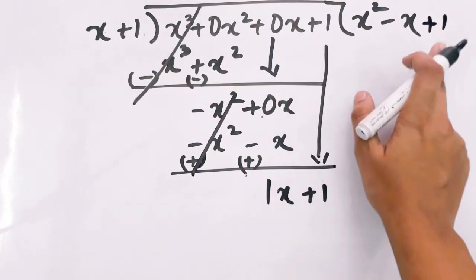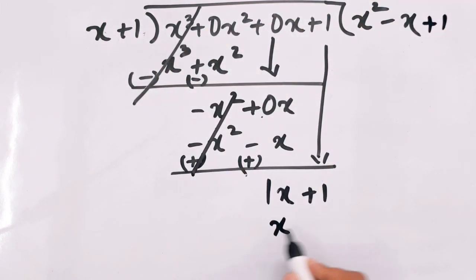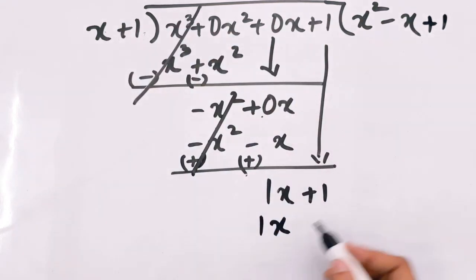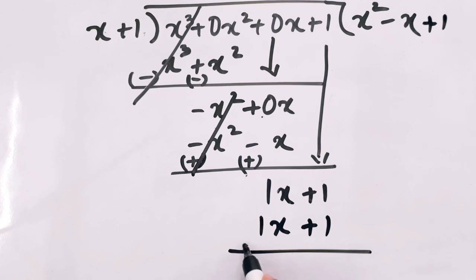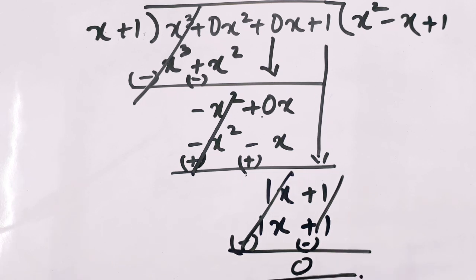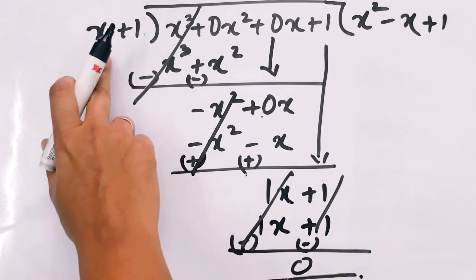So x into plus 1 is 1x. So you can write just simply x. And 1 into 1 is 1. Signs will change. So plus will become minus. So the entire thing is cancelled. Your remainder is 0. So it is not necessary you will get remainder 0 every time. It could be any number. Again, the degree of this is 0, and this is always less than this.